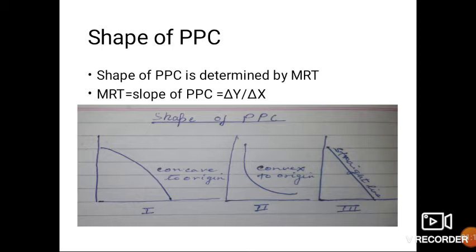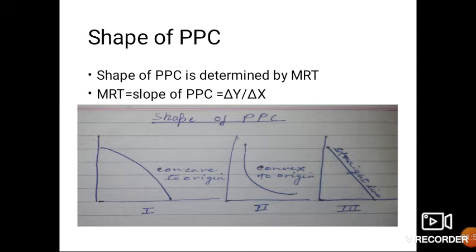And the third, straight line shows that with the increase in 1 unit of x, at each and every level, the equal amount of y has been sacrificed. So what we can conclude, there can be three types of shape of PPC: convex to the origin, concave to the origin, and straight line.